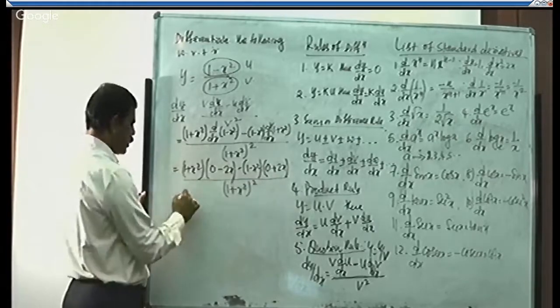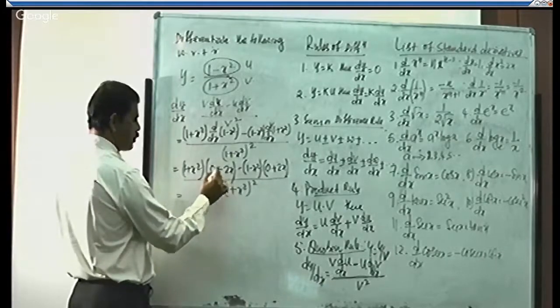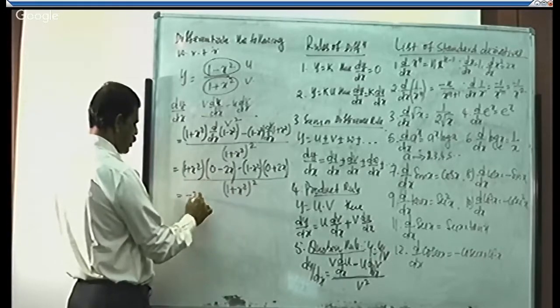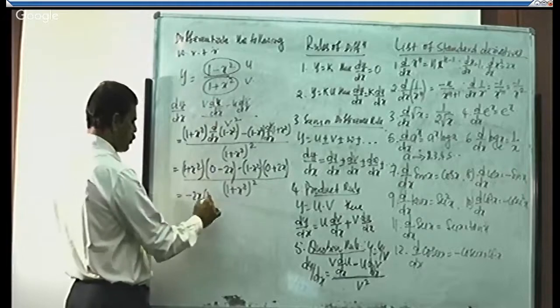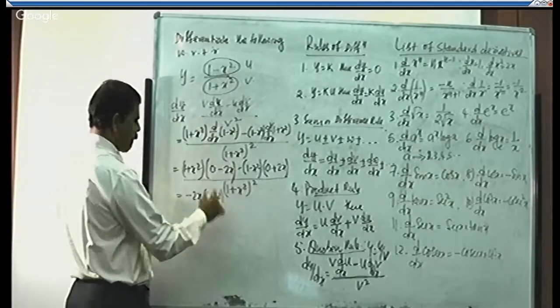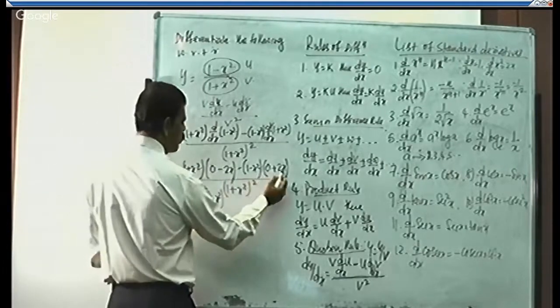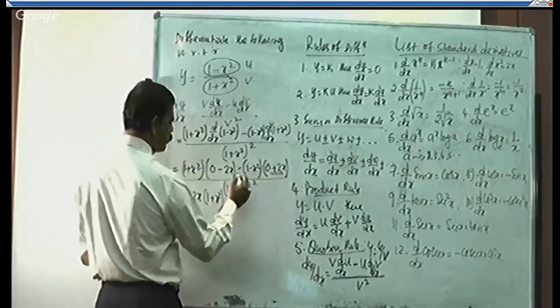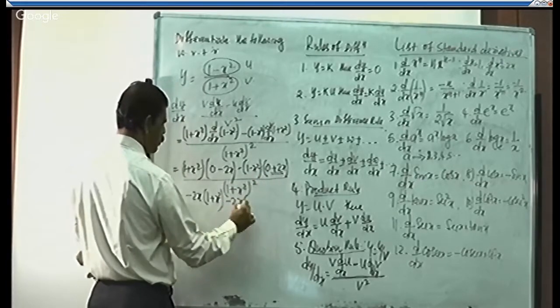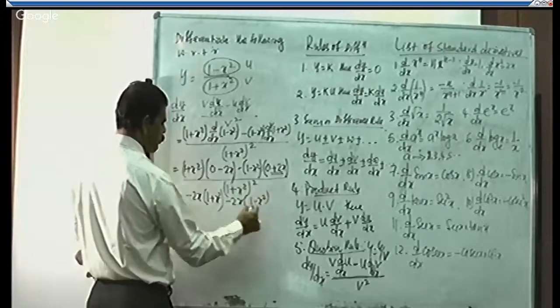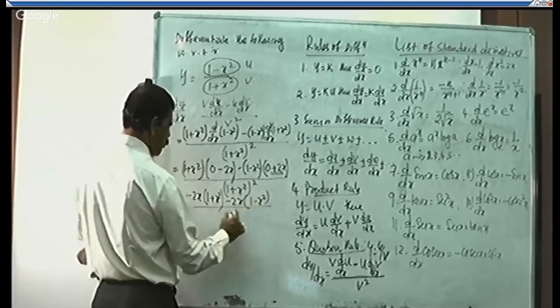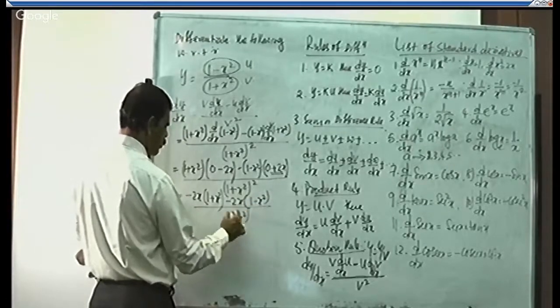So what is remaining? 0 minus 2x is minus 2x. You can write it like that. Minus 2x into 1 plus x square. Again, 0 plus 2x is 2x. 2x into, minus 2x into 1 minus x square, whole divided by 1 plus x square whole square.